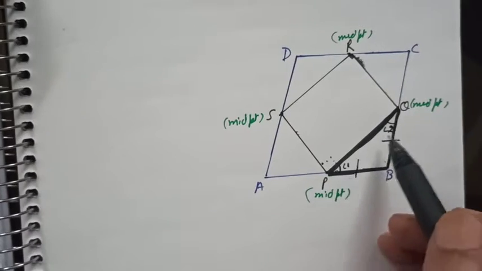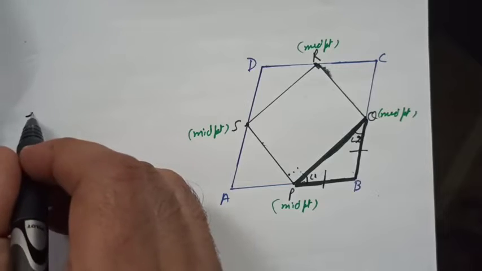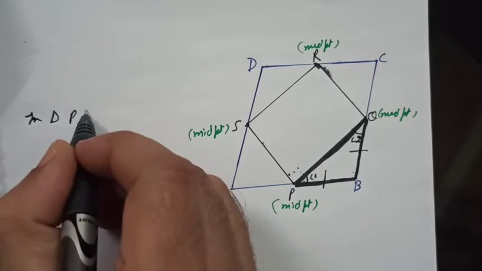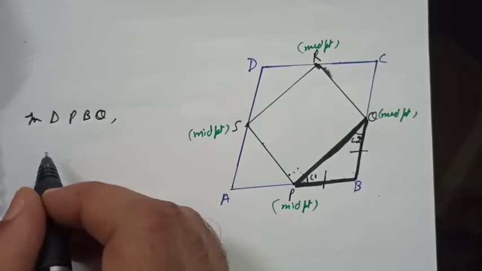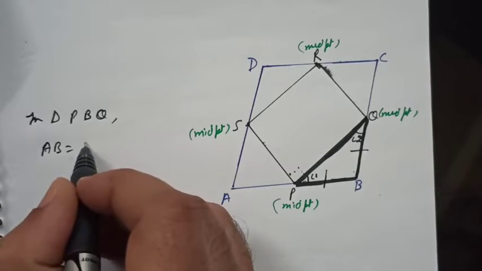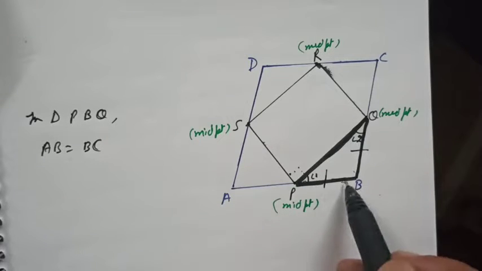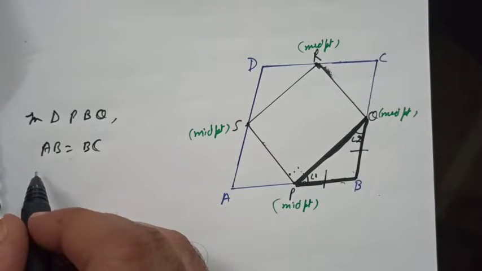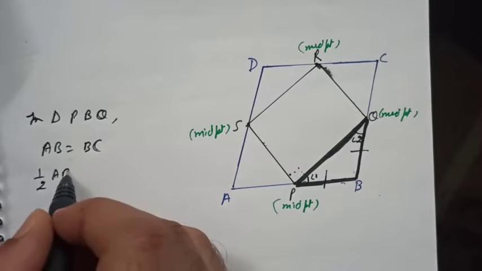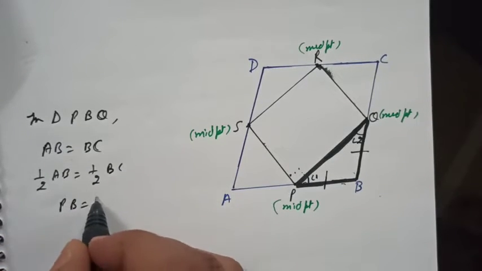So first of all I'm going to use this triangle. What I'm going to write in triangle PBQ, right? AB is equal to BC, right? Since we know that all sides of rhombus are equal, these are equal, right? So half of AB is equal to half of BC. So therefore I can say PB is equal to BQ.